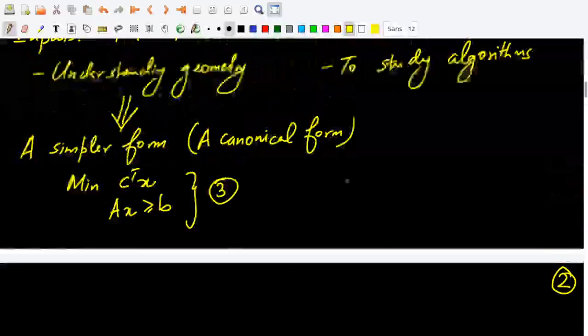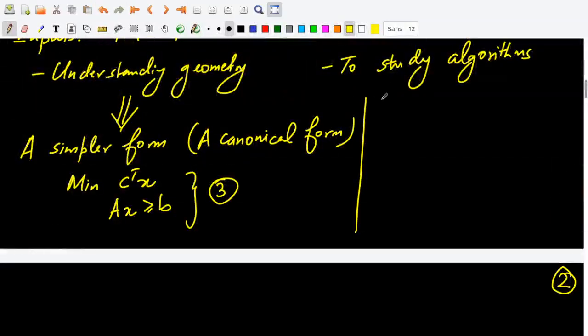So all 3 forms are identical or equivalent.